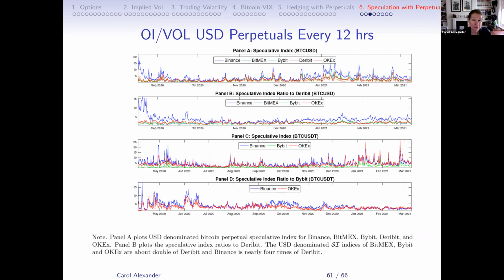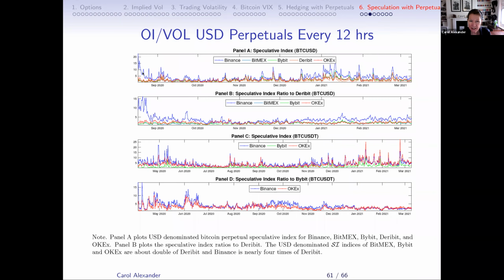Actually I've got this wrong, I just did these slides over lunchtime. It's the volume divided by open interest, which increases as there's more speculation, whereas the average holding period decreases as there's more speculation. So that's why we're using it this way around. Sorry about that typo, I'll change that as well before I send you the handouts.